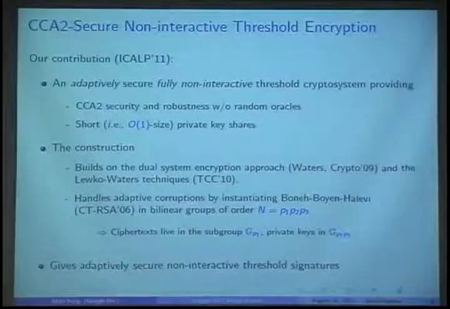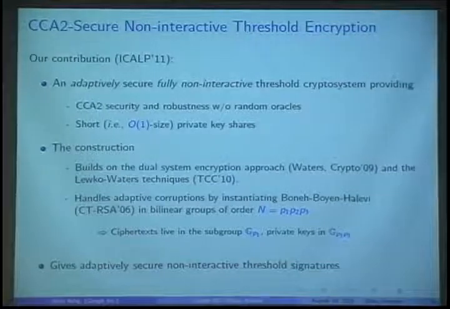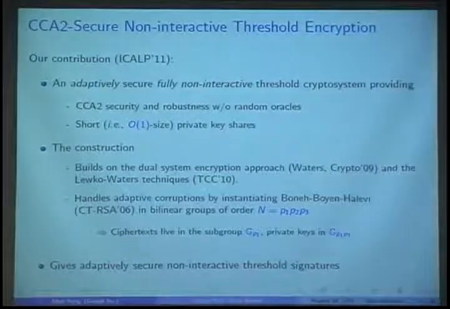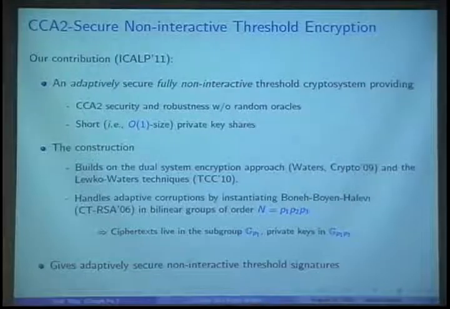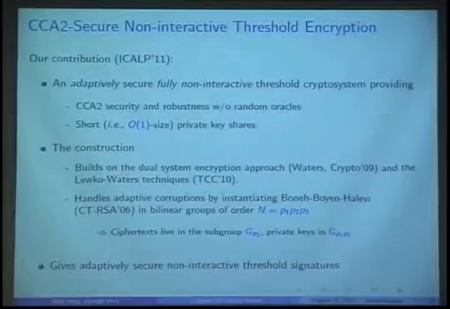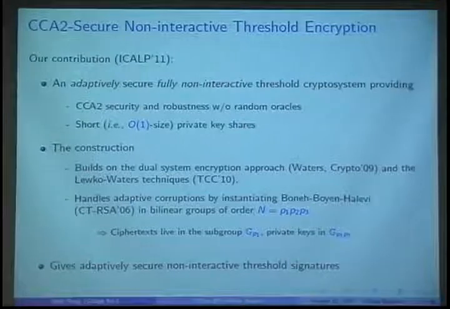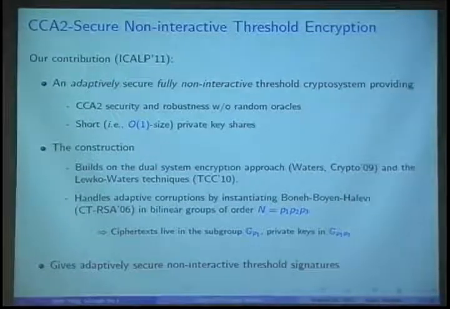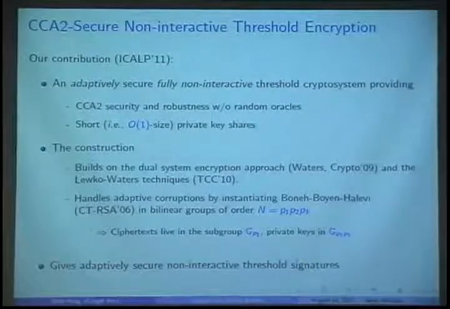The first result we had this year in ICALP in July. It was based on the great notion of dual system encryption by Waters and Lewko and Waters techniques and adaptation, and this works in a subgroup of composite order, and it gives the first adaptively secure non-interactive CCA2 encryption and also a non-interactive secure signature.